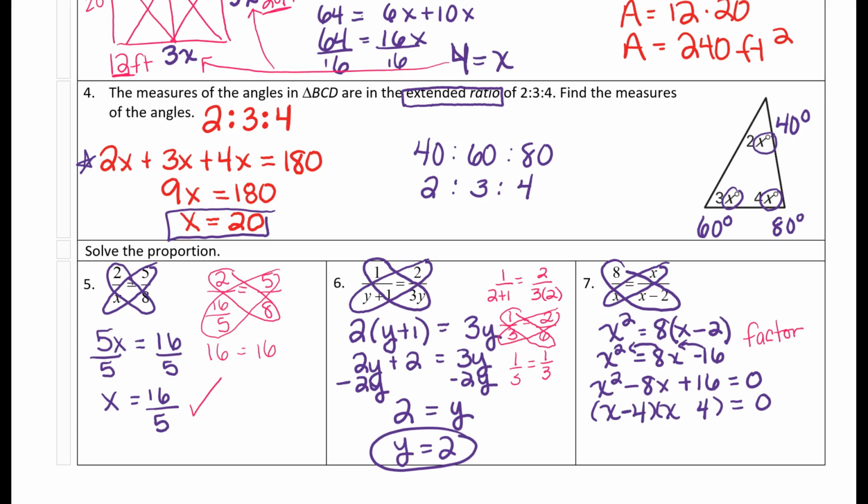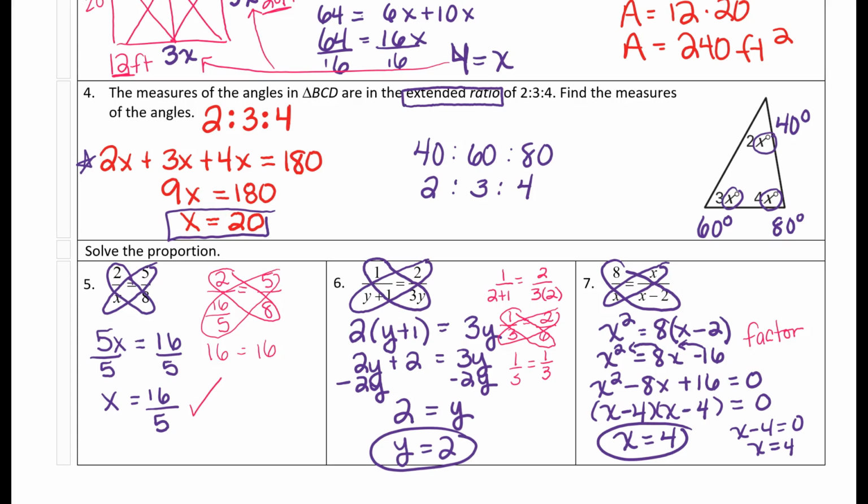If I make them both negative, then I can get a negative 8 in the middle. Now, I have two identical factors, so x equals 4 when I set x minus 4 equal to 0 and solve. Now, I only need to list one answer because they are the same answer.